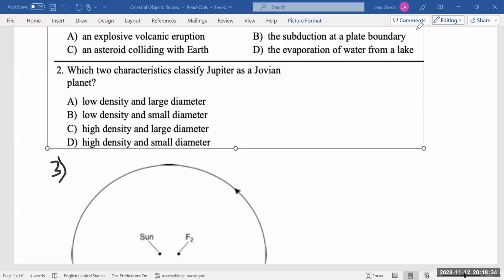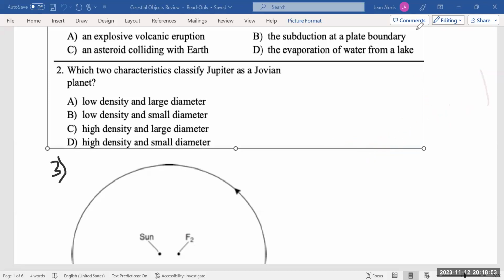All right, number two, it says, which two characteristics classify Jupiter as a Jovian planet? So you know there are two different types of planet. There are Jovian and there are terrestrial.